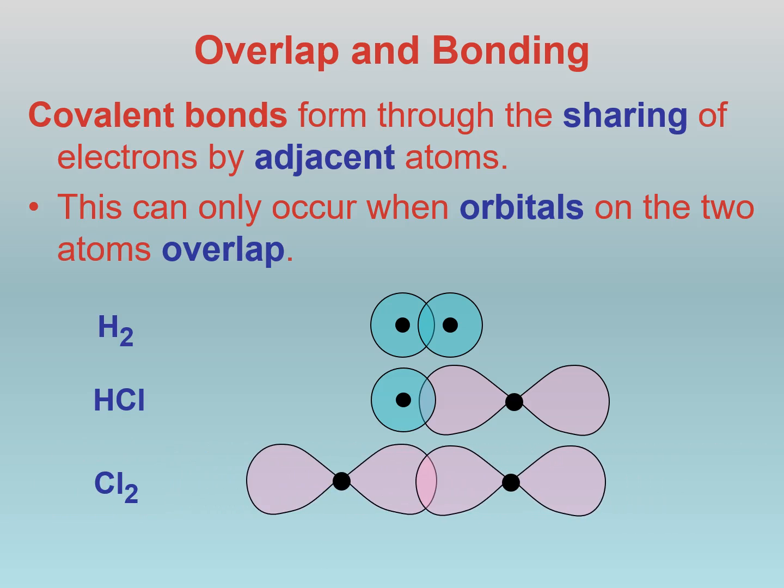And there's chlorine with 2 of those combined together, so the p orbitals, the peanut shapes is what I called them, if you remember. And notice they all have overlap. That is where the covalent bond forms, in between where the electrons can be shared.